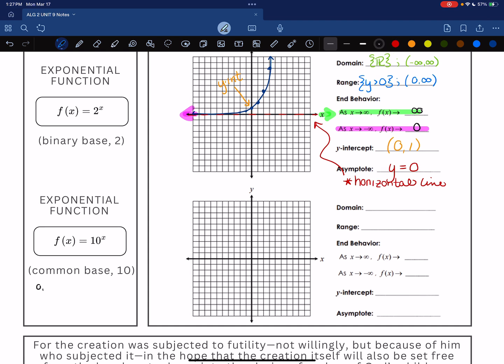We have 0, 1, 2, 3, 4, 5, 6, 7, 8, and 9. All of these digits create any number in our number system. And there are 10 digits.